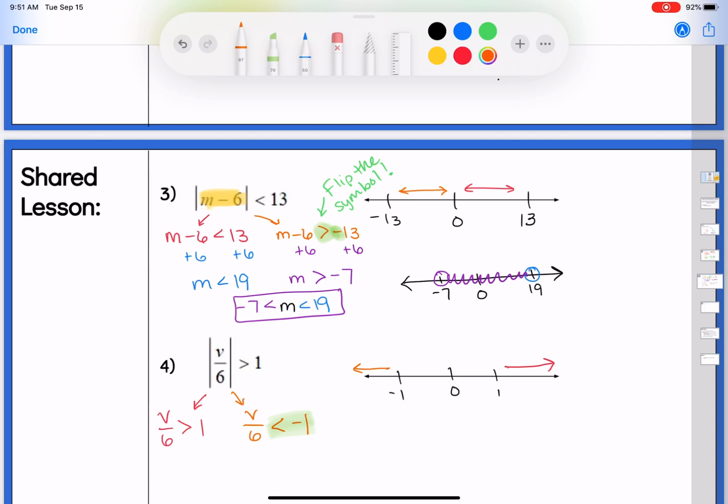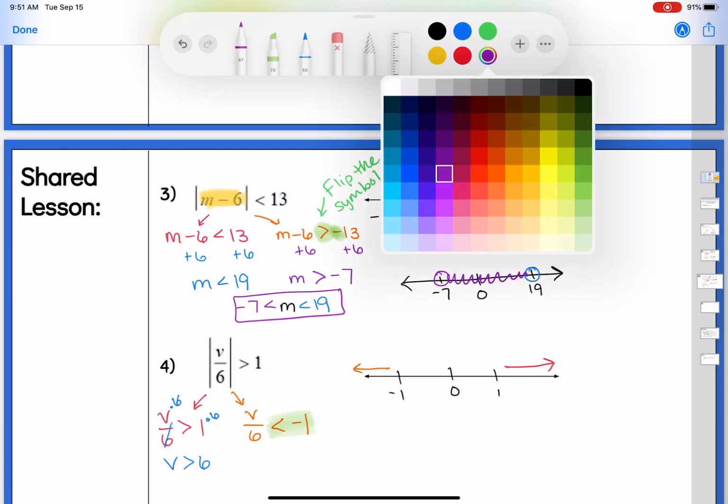Okay, so that was just the setup, though. I want to actually solve this out and figure out what my values of v are. So to solve each side, I'm going to multiply each side here by 6. Those are going to cancel out, so I will get v is greater than 6.